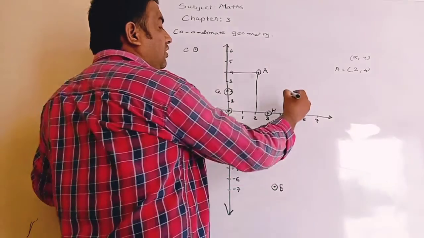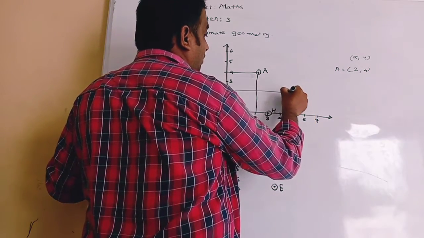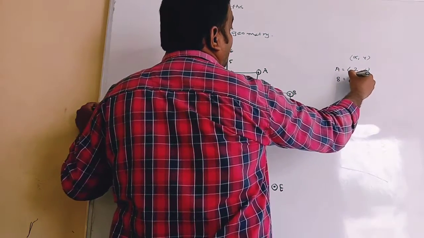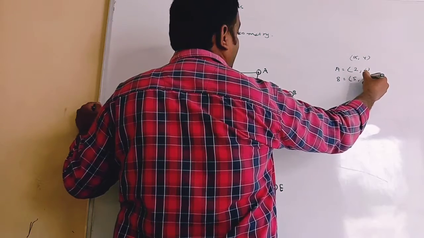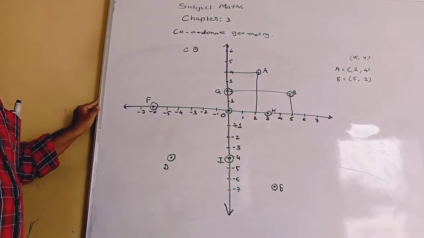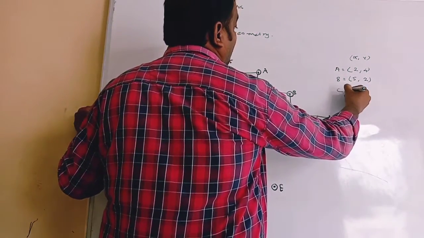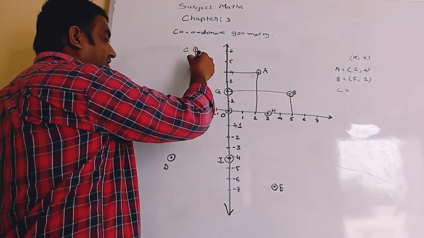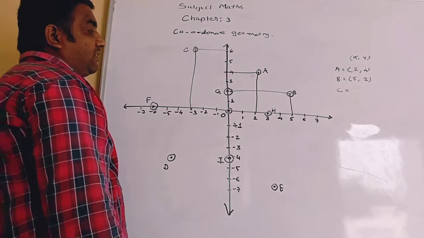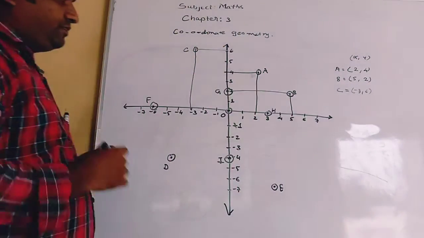Same way we want to find these locations, and from here and here we draw the perpendicular, then it comes on the x-axis 5 and the y-axis shows 2, so we can say 5, 2. Same way for C, on the x-axis it comes -3 and on the y-axis it comes 6, so it is -3, 6.